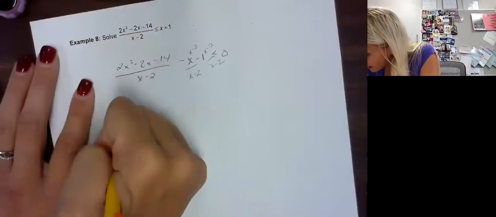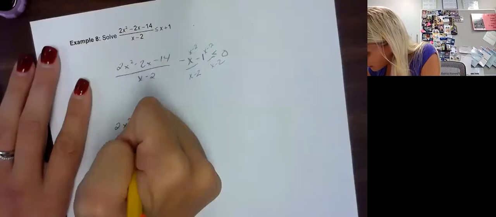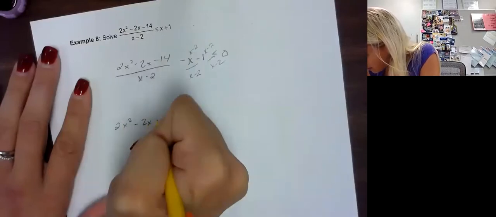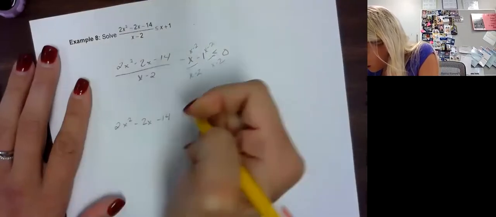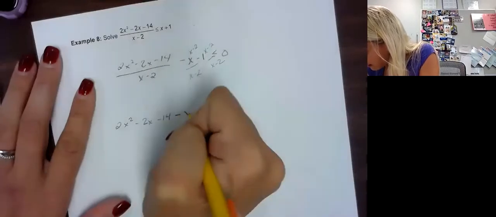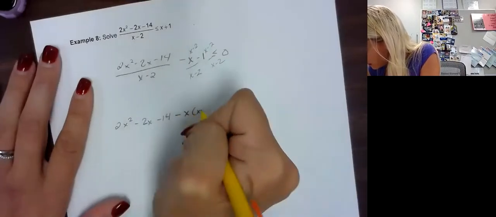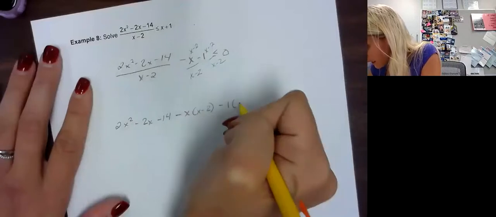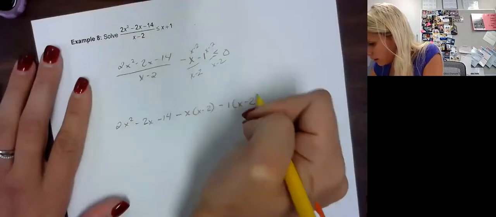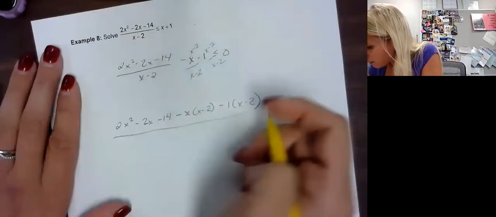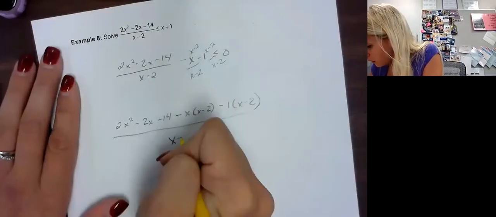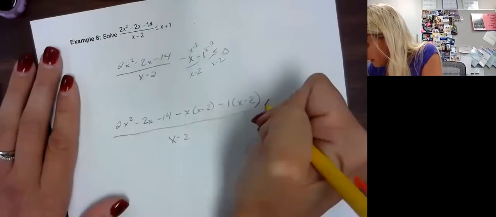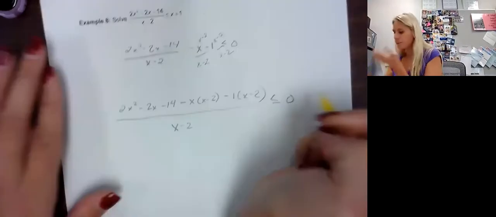So 2x squared minus 2x minus 14 minus x times x minus 2 minus 1 times x minus 2 all over that common denominator of x minus 2 less than or equal to 0.